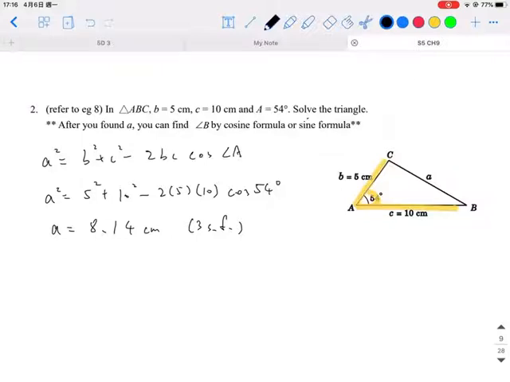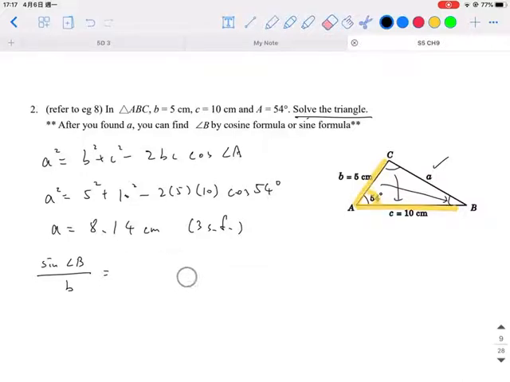And remember, solve the triangle, so we need to find the angles B and C, and this time we can apply the sine formula to finish this question. So we can write down sine angle B over b is equal to sine angle C over c, which is equal to sine angle A over a.